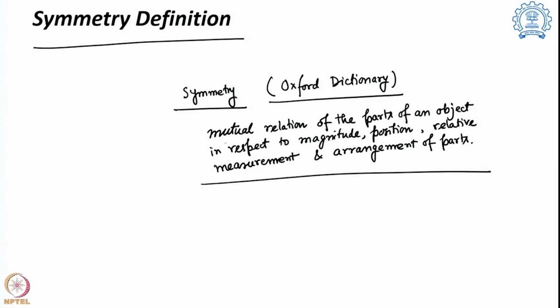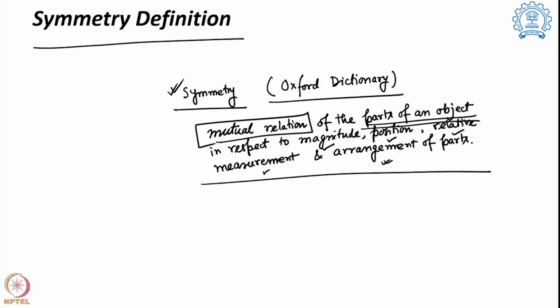So over here this is very important, mutual relation. That means if I am going to change the molecule in between, one part of that whole object or molecule is going to be similar in relation by magnitude, that is by measurement, the position, the relative measurement and arrangement. And if you are seeing this, we say we have a symmetry.